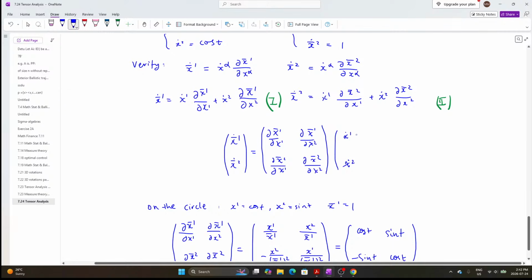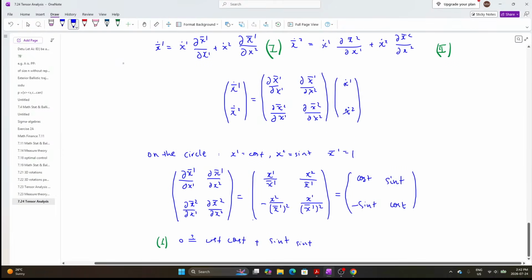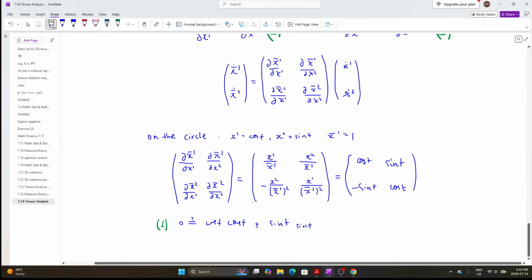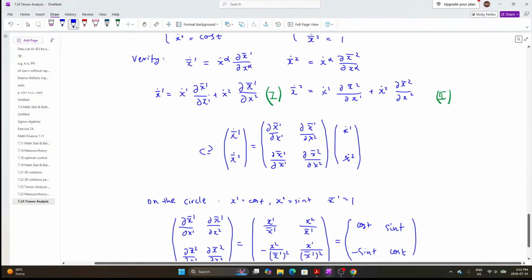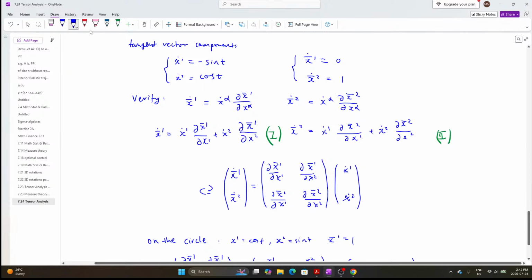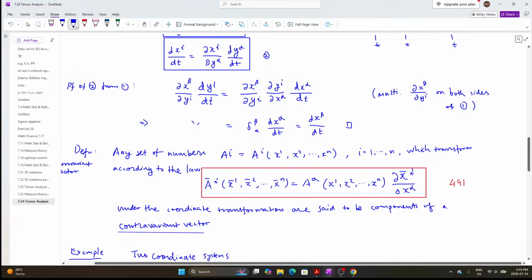All right, so verify that. Let's verify 1, 2 together becomes this, which is equivalent to the matrix form. Where do I see the Jacobian and the contravariant vector definition? Jacobian here. In the definition, things are written in a component-wise fashion.